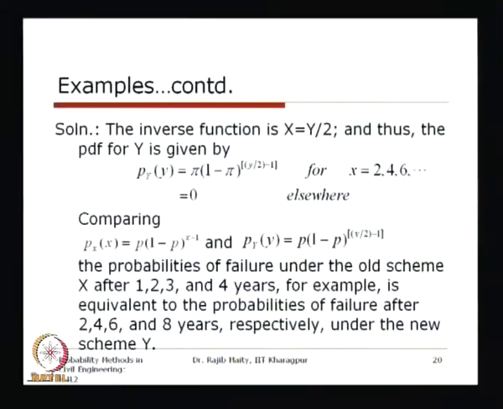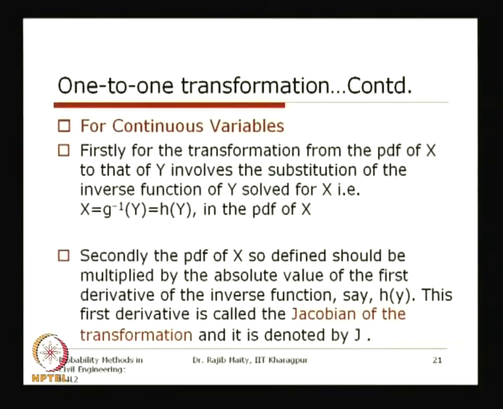Now, we will discuss the continuous random variable. If I want to explain this mechanically first, then firstly the transformation from the PDF of x to that of y involves the substitution of the inverse function of y solved for x, that is, x equals g inverse y.